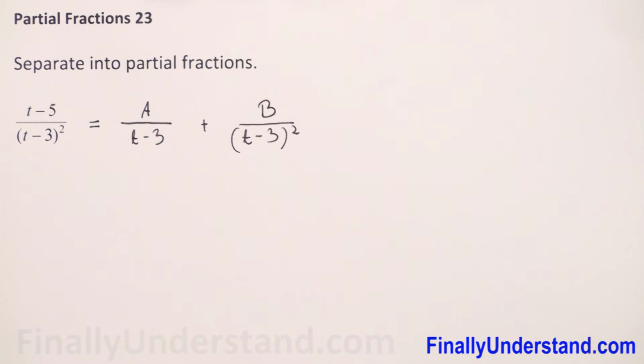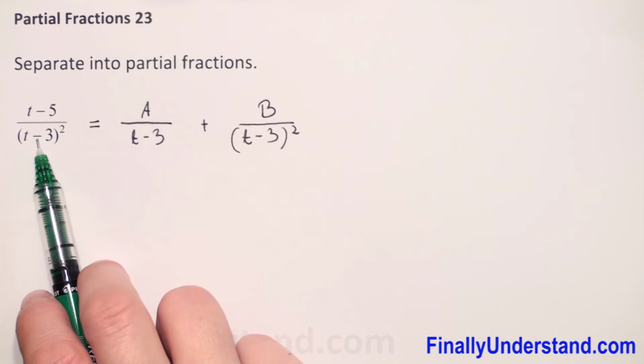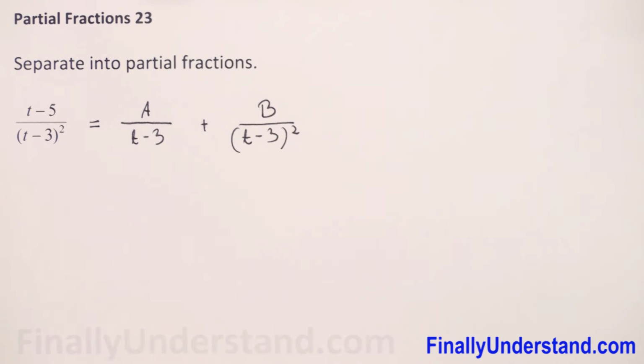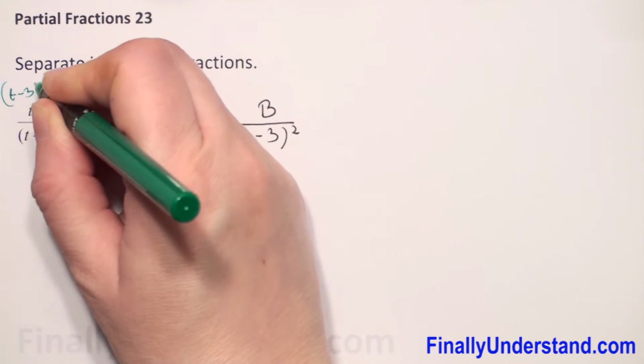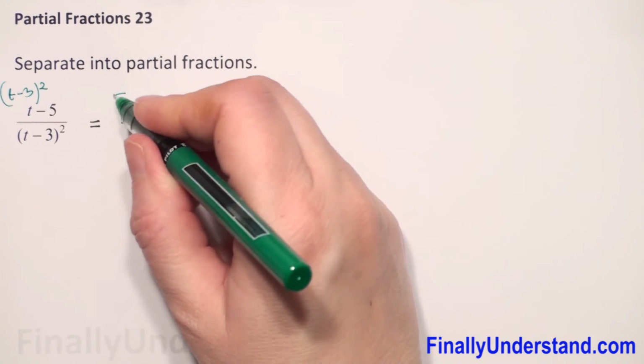Now we have to find the constants A and B. First we have to get rid of the denominators. How do we do this? We multiply both sides of our equation by the lowest common denominator, which is always the denominator of the original fraction. So we multiply both sides by t minus 3 to the second power.